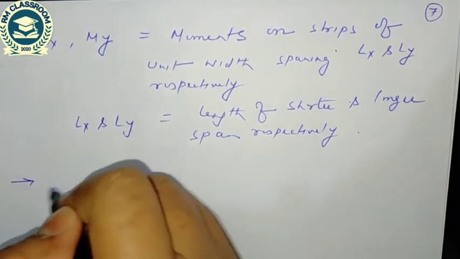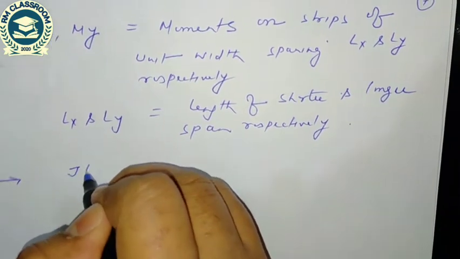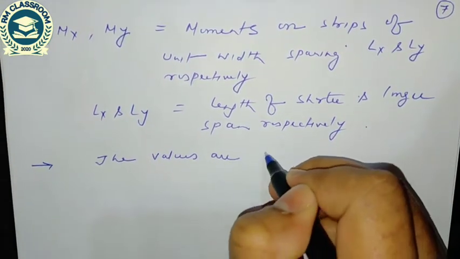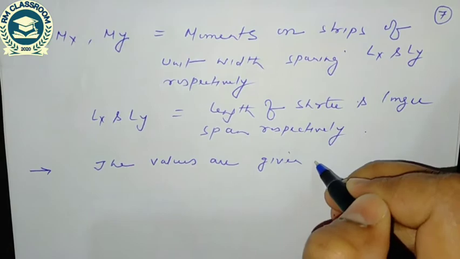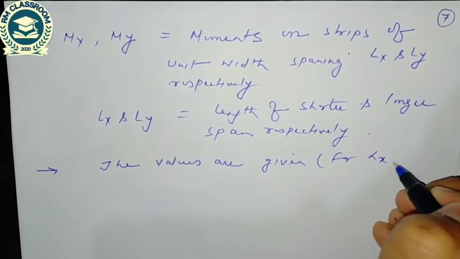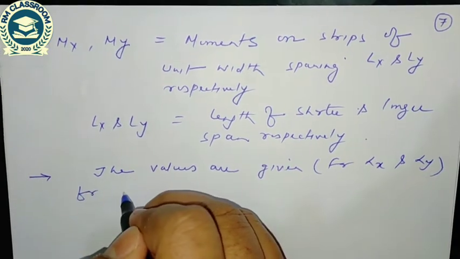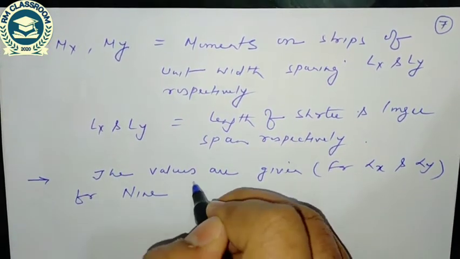The code gives the values for alpha x and alpha y for 9 types of panels.